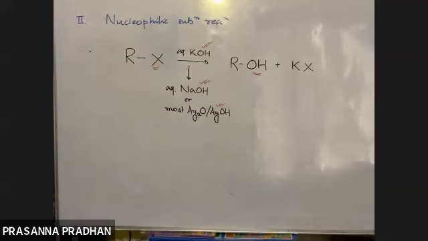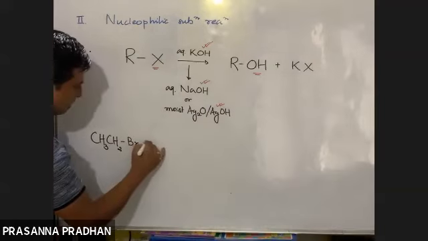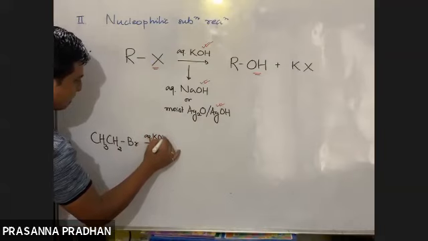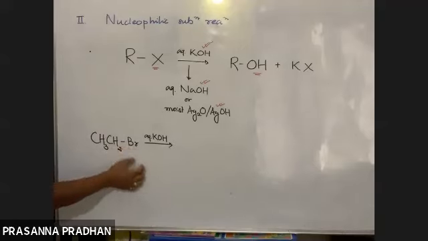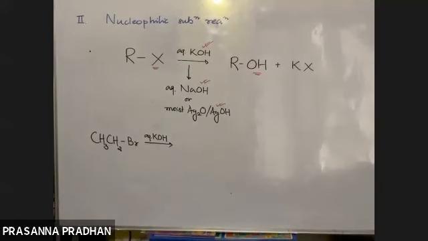Okay. Now say we have ethyl bromide, aqueous KOH. So what will happen to this halide then? Again, in this case, the halide is going to get substituted by OH.